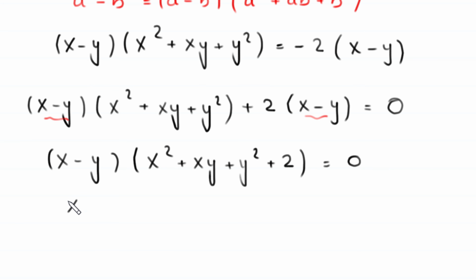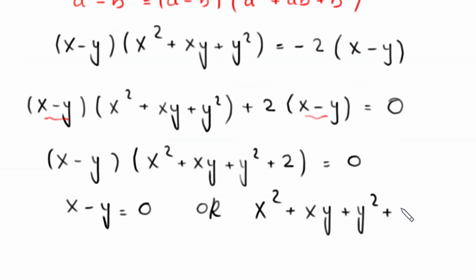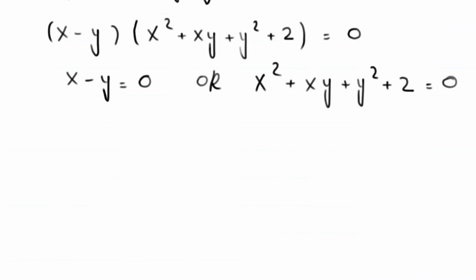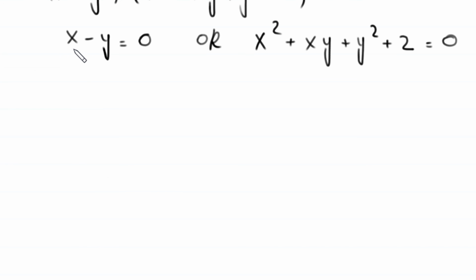Either this expression x minus y equal to 0, or this expression x squared plus x times y plus y squared plus 2 equal to 0. From this equation, if we move this negative y to the right hand side, this implies that y is equal to x. And from this equation we prove that this left hand side can never be equal to 0.